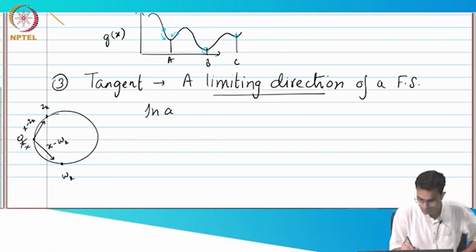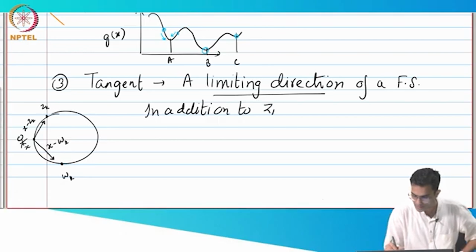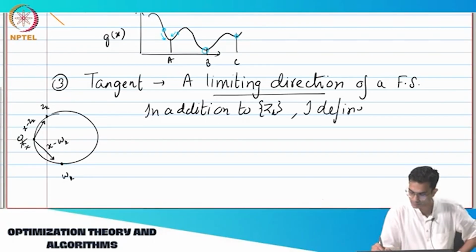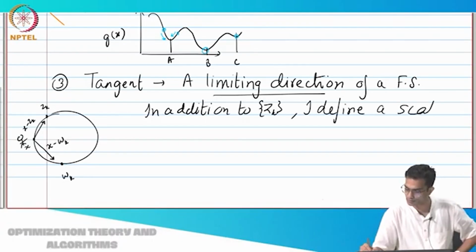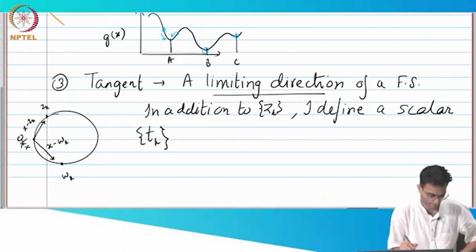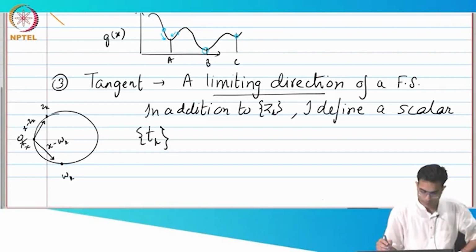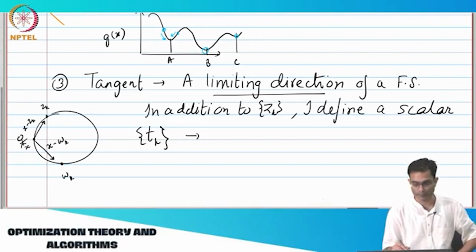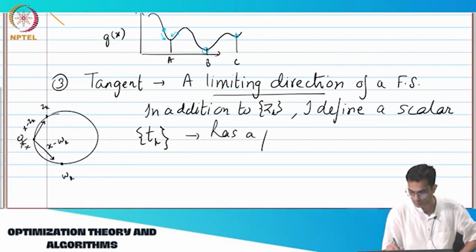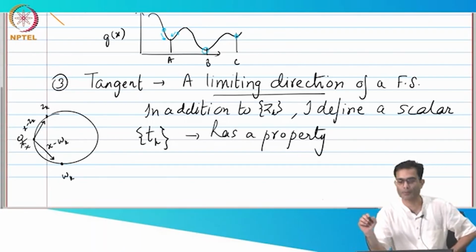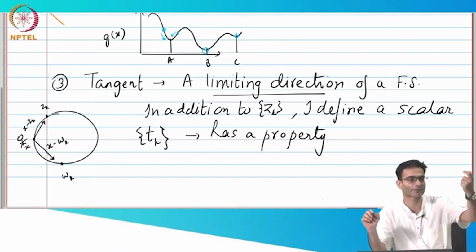So in addition to zk which I had, I define some length, a scalar, let's call it tk, which has a property that, what do you think is the most critical property of this tk, which we said is going to be like the length?